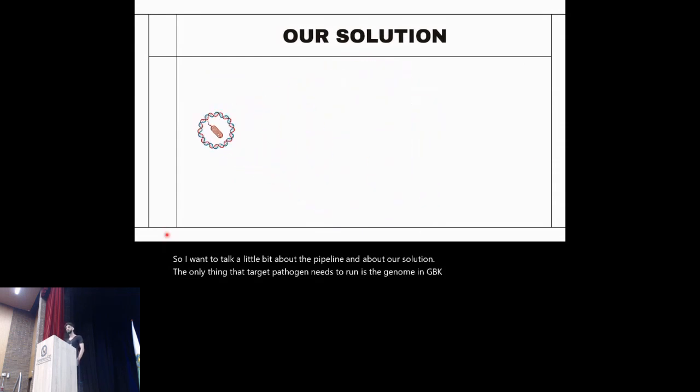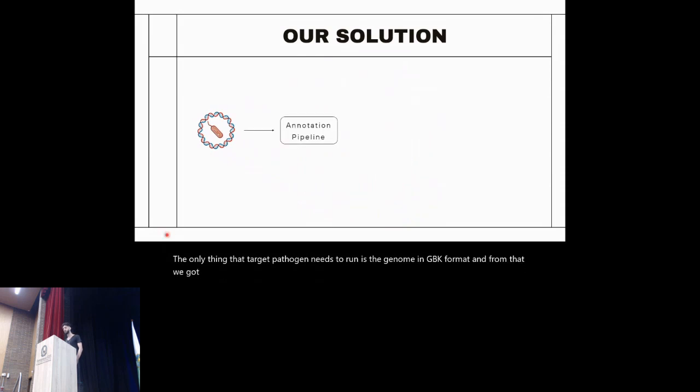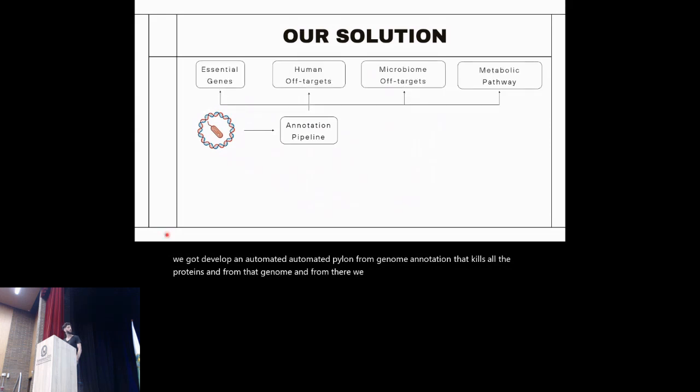From that, we developed an automated pipeline for genome annotation that yields all the proteins from that genome. From there, we run several protocols and tools, searching in different databases.